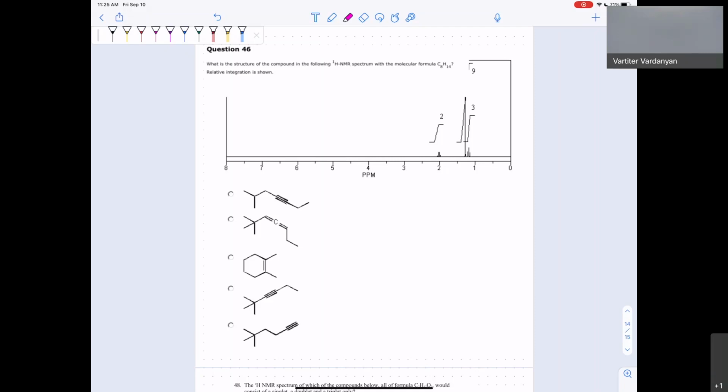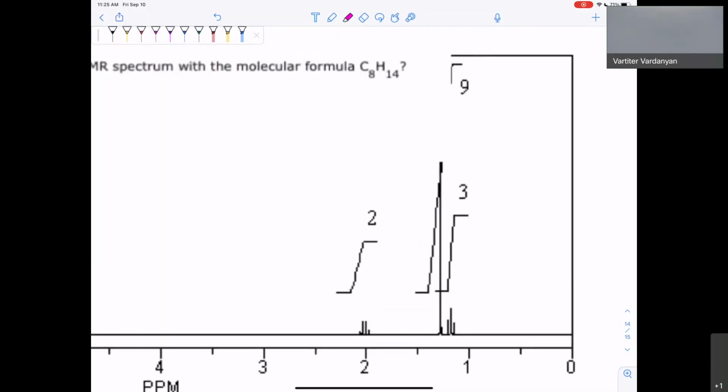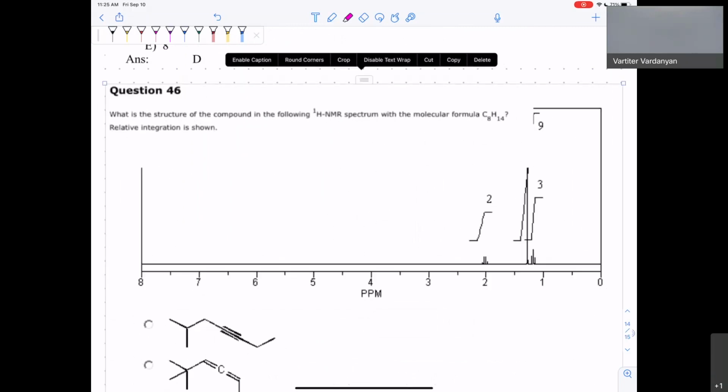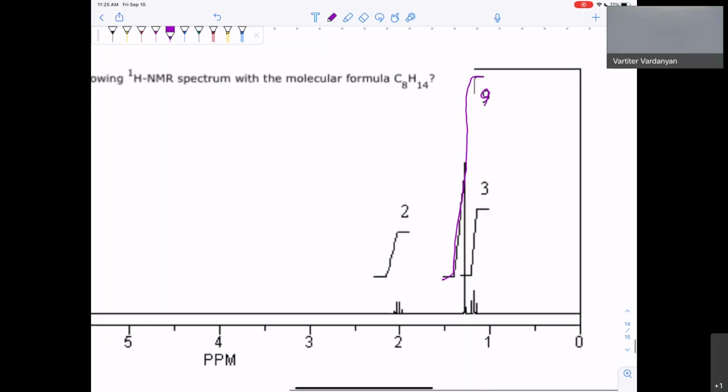So we're going to do the Rosemary method. Zoom in over here. And the first thing I like to do is just write down the number of signals. How many signals do we have? 3. There are, in fact, 3 signals.